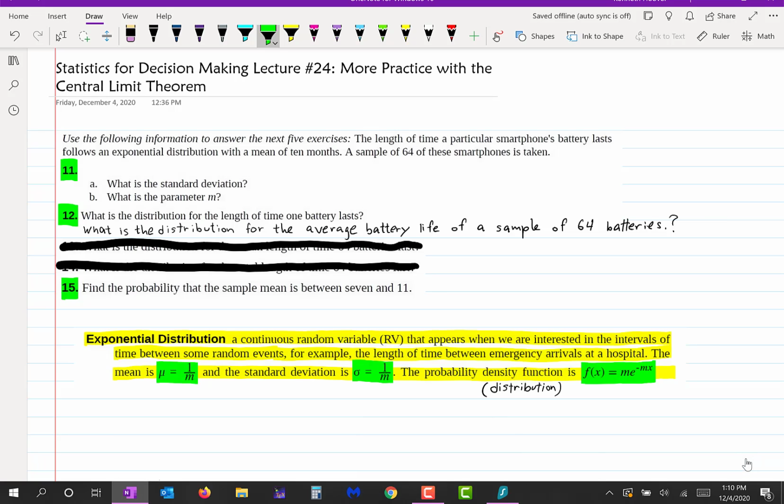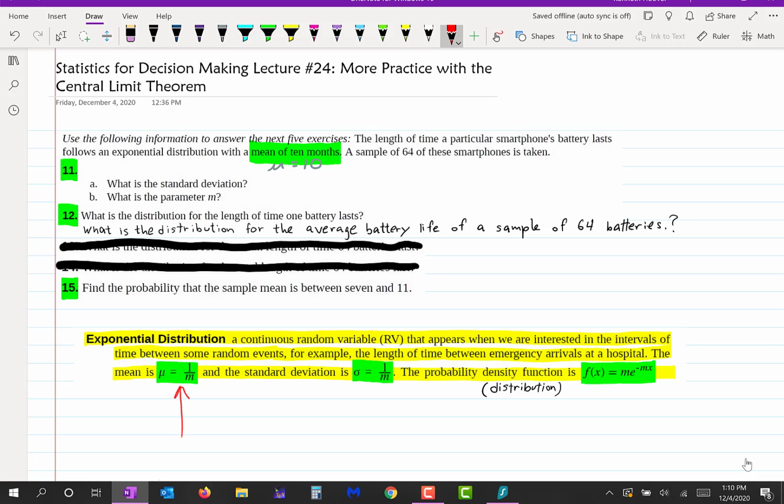Now for our problem, we're told the mean. This is mu right here. There's a mean of 10 months. So mu equals 10. Okay? It says, what's the standard deviation? Okay, look down here.